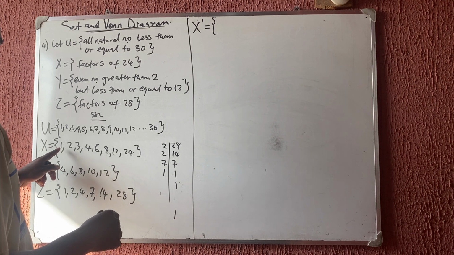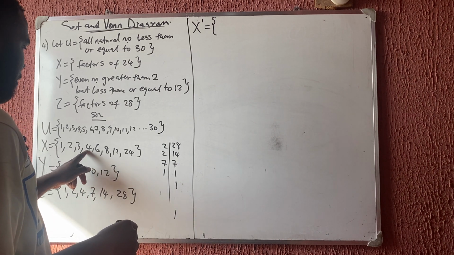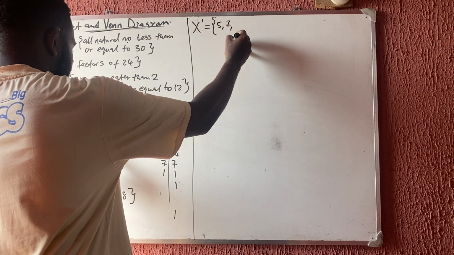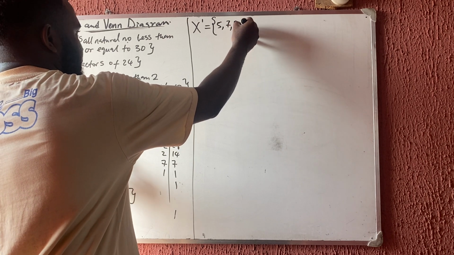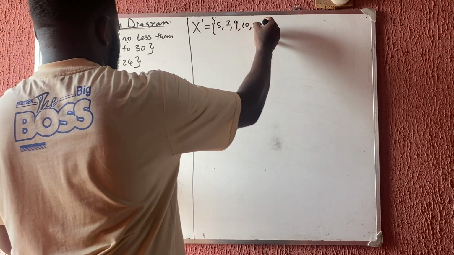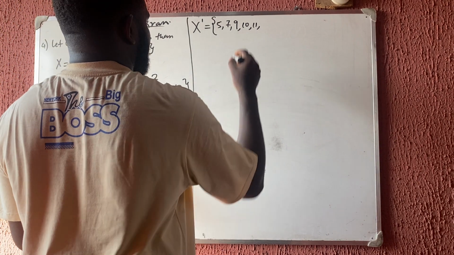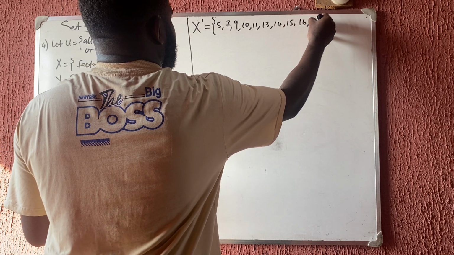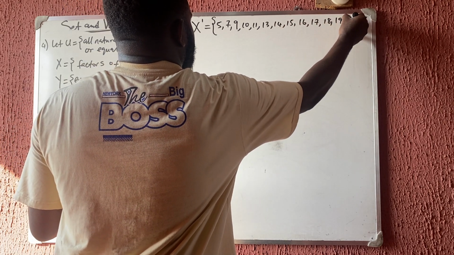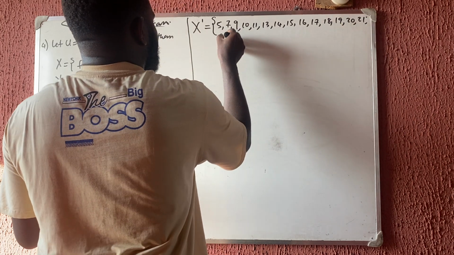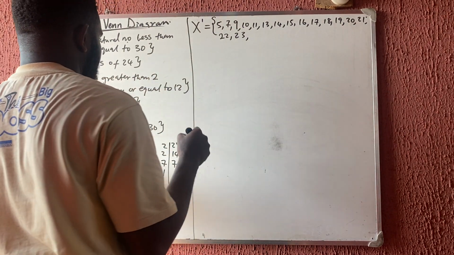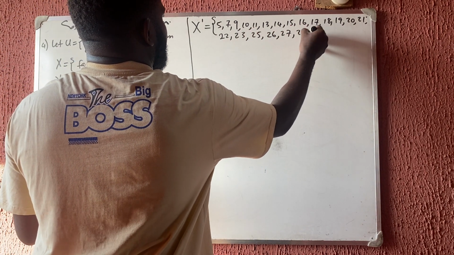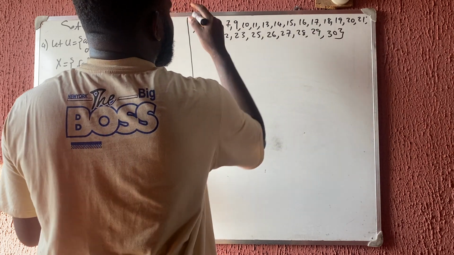We have 1, 2, 3, 4. 5 is not here, so 5. 6, 7 is not here. 8 is here. 9, 10, 11, 12 is here. 12, yes, 12. 13, 14, 15, 16, 17, 18, 19, 20, 21, 22, 23, 24 is here. So you say 25, 26, 27, 28, 29, 30. So this is my x prime.